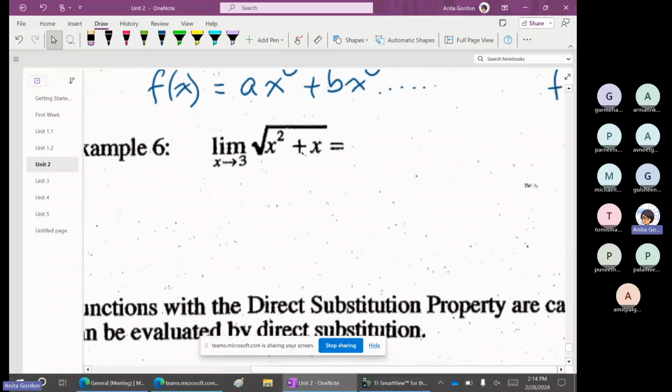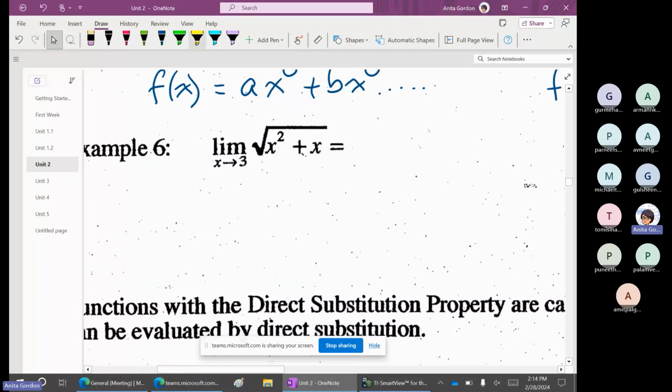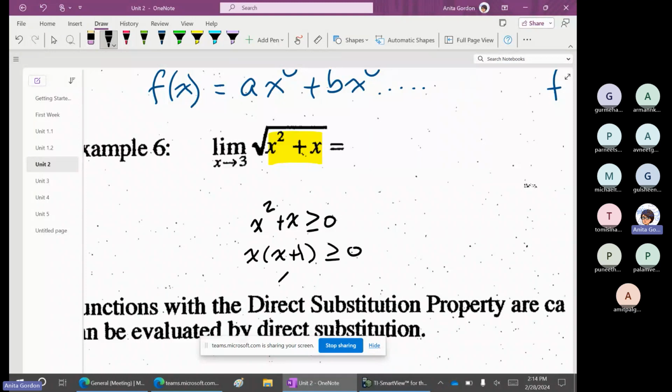So let's take a look here. As x approaches 3, what is the restriction in my domain? x squared plus x has to be greater than or equal to 0. So that means x times x plus 1 has to be greater than or equal to 0. That means x cannot be 0 and x cannot be negative 1. Everything else is fair game.